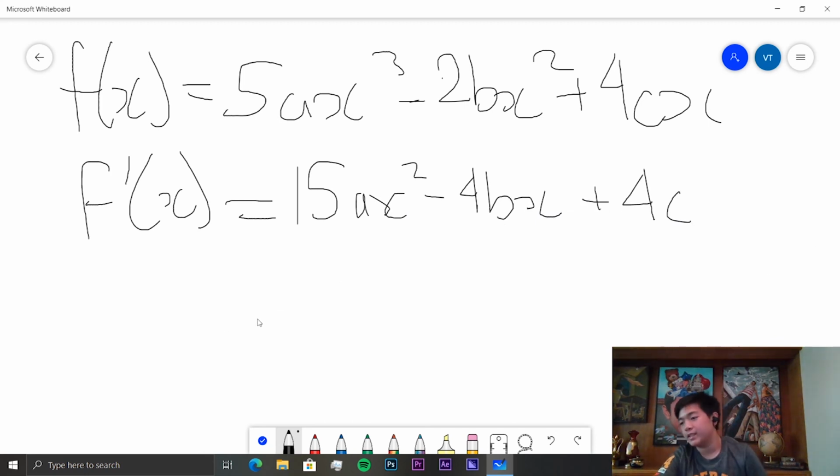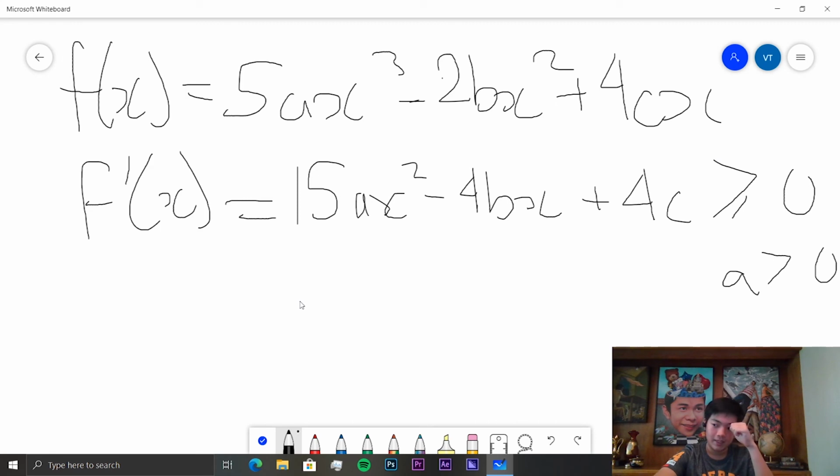Okay, so now given that f prime is greater than or equal to 0 for all x, and a is greater than 0, show that b squared is less than or equal to 15ac. Okay, if this is greater or equal to 0, what can I say? So this means that there is only one root.